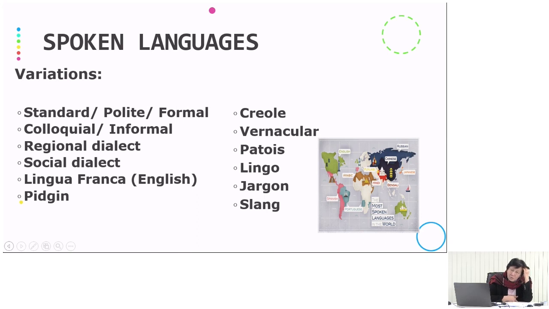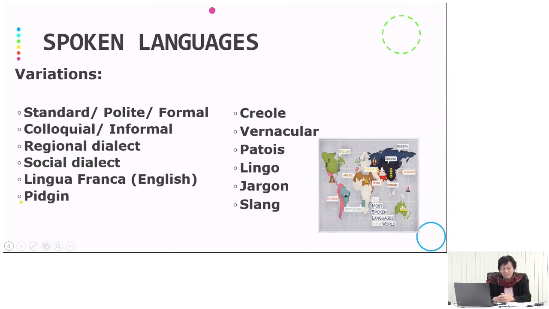When they start to speak, we know that they are not native speakers, even though they understand everything. We call that Creole. Vernacular means those who speak the same language but use different terms, their own terms, and communicate among themselves.